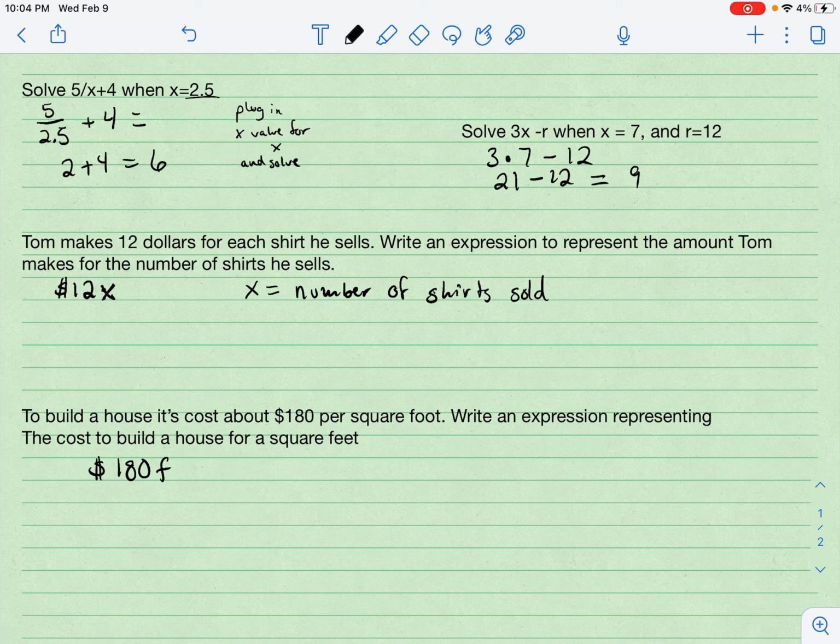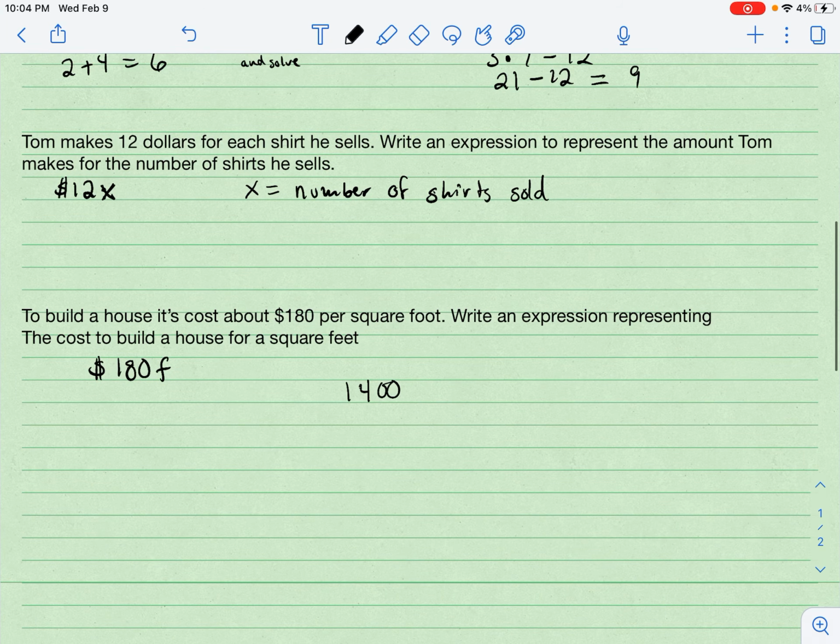Okay, so for every square foot, figure $180. So the way to think of this, if you were going to build a house that was, let's just say 1,400 square feet, each square foot is 180.